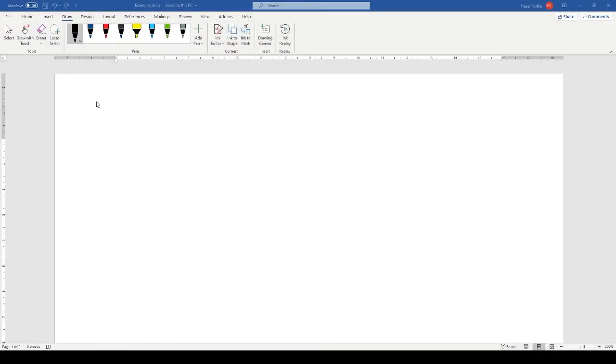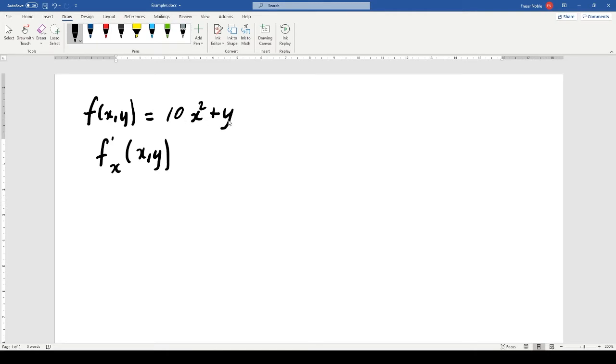Let's say that we have f of x and y being equal to 10x squared plus y. And we want to find the partial derivatives of this function. So first let's find the partial derivative for x, and that's going to be equal to the derivative of this function with respect to x.